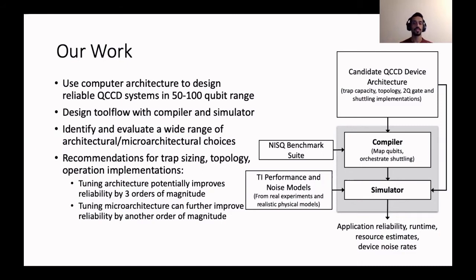So one of the key results is that if we tune our architecture well, we can potentially improve the reliability by about 3 orders of magnitude. And if we tune our microarchitecture choices well, we can further improve the reliability by 1 more order of magnitude. And in the NISQ era, where we have high operational error rates and low reliability, these kind of reliability improvements are likely to make the difference between failed application runs and successful runs.